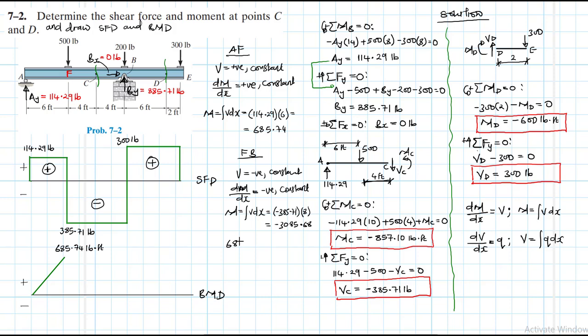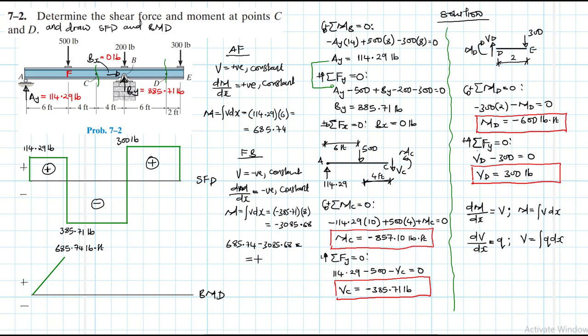Here we are, our final value is 685.74, so they will need to add up algebraically. So we have 685.74 minus 3085.68. Just hold on, I'm adding. 685.74 minus 3085.68.